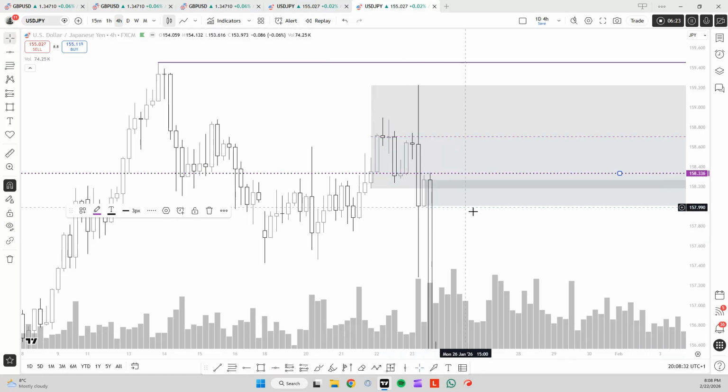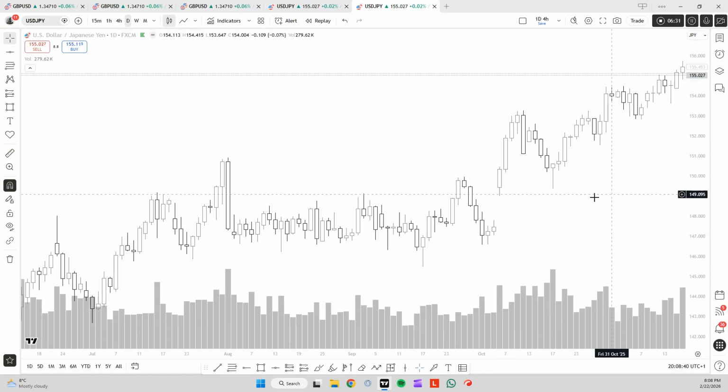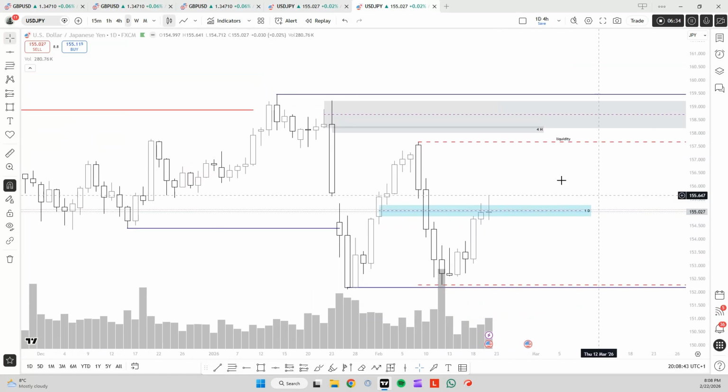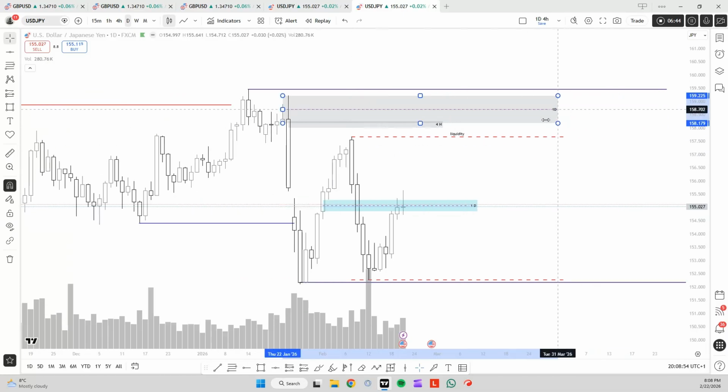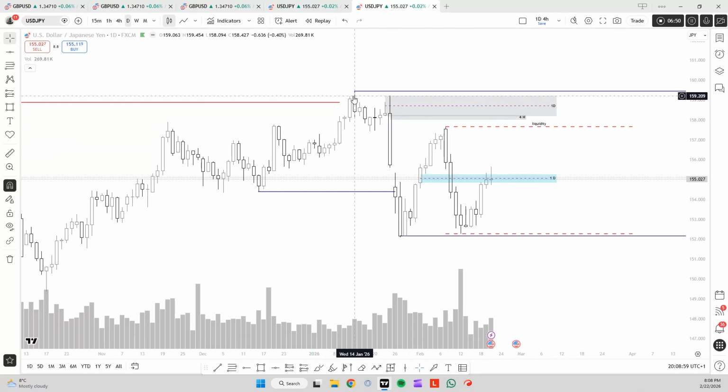For this reason I mapped the 4 hour one, because it's possible that the price will just react from the 4 hour one and will never go into the daily one, if at all it's going to go so far. But until this moment, what you see is that once the daily started to shift the structure, it didn't keep going, didn't break this low and turned around.